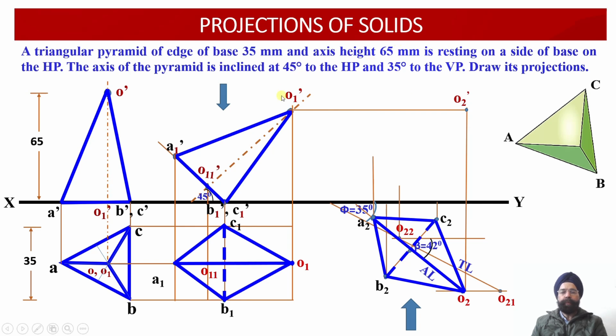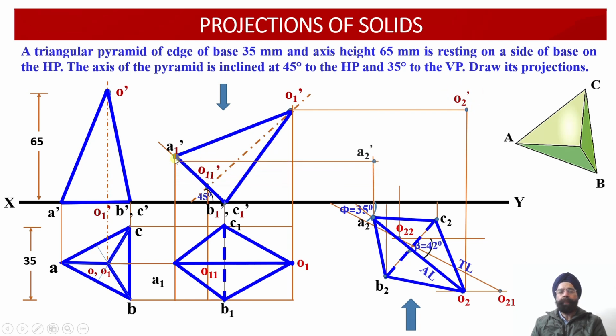Here we have point O1 dash. From O1 dash we have drawn a horizontal projector line. Wherever this horizontal projector line intersects the vertical projector drawn through O2, we obtain the location of the point O2 dash, the apex point of this oblique solid.